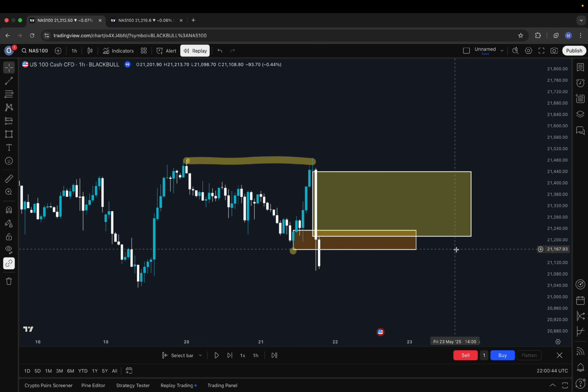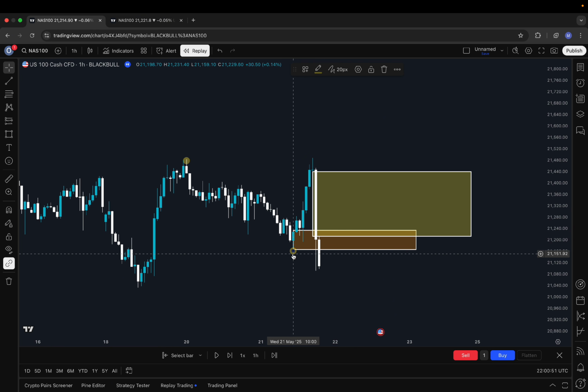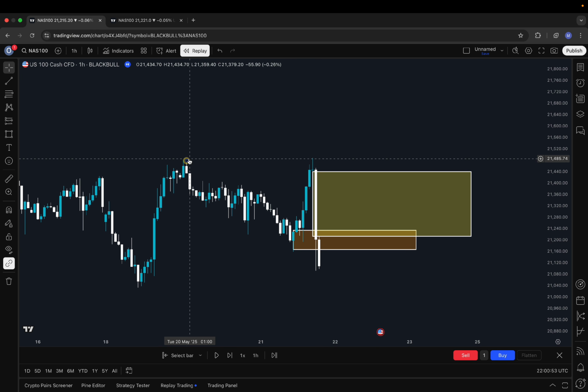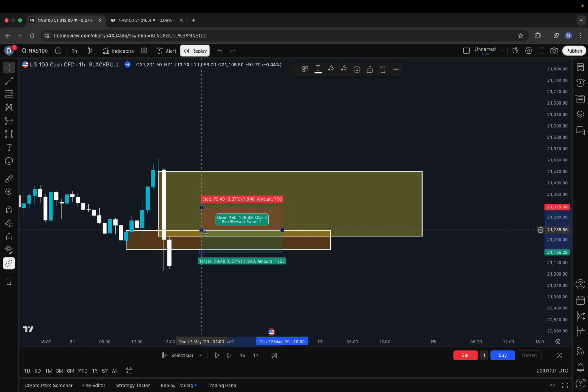Now as you guys can see, they do overlap, so what we would then do is put our entry position down and then we can take the trade. I would get my short position, put it at the end of the breaker block, so it's within the fair value gap as well. Our stop loss would be at this high.